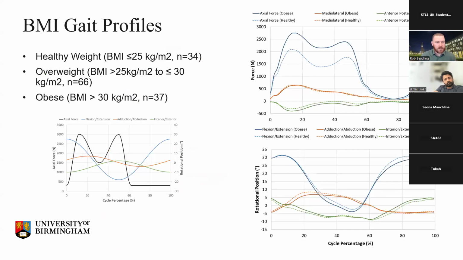So one of the first tests that we did was just look at BMI. So we generated average waveforms for healthy weight, overweight, and obese patients, and you can see from just the profiles that they're very, very different from what we would run in terms of loads, in terms of the kinematics, in comparison to the ISO profile.